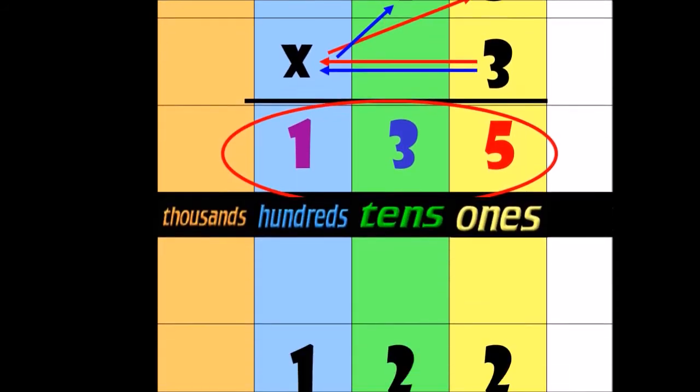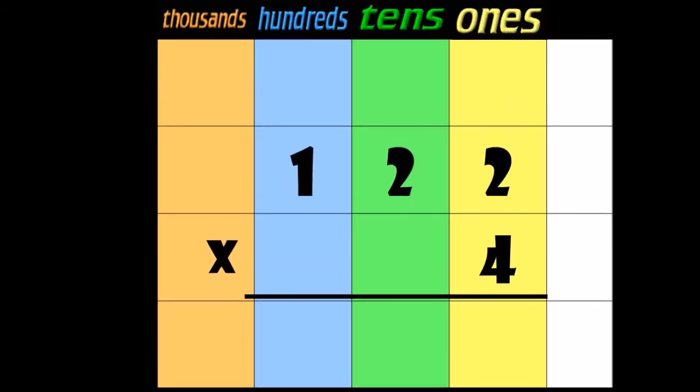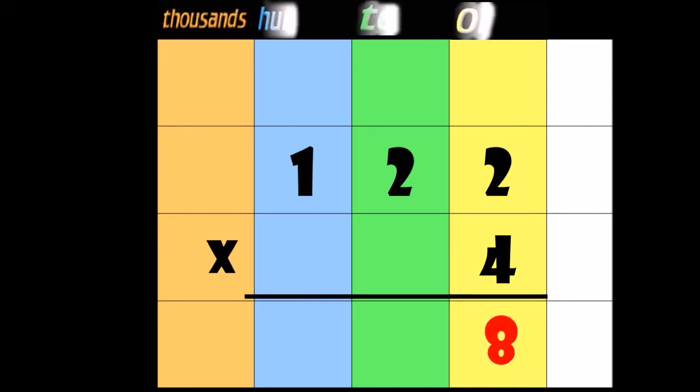122 times 4. 122 for me rounds down to 100, and 100 times 4 is 400. So any answer near 400 should be reasonable. This problem has no regrouping, so it should go much quicker. 4 times 2 is 8, no regrouping.